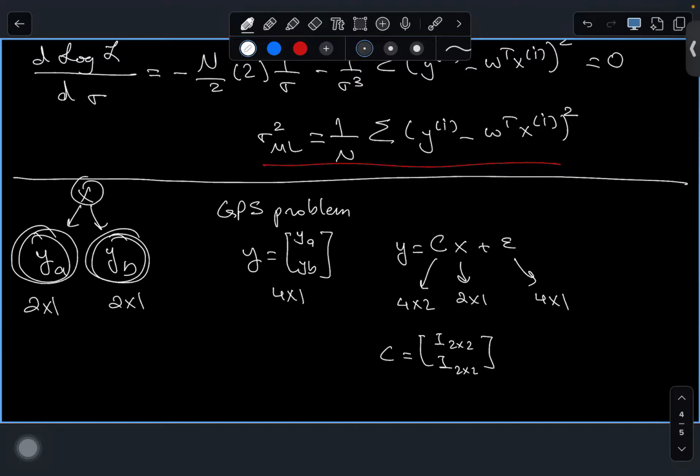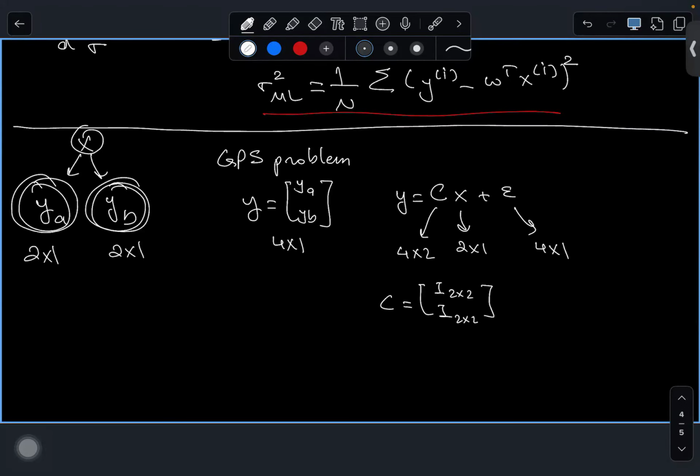On average, they're going to tell me the true location. Okay, but epsilon might be different in these two. Maybe Musk satellites, maybe they have many more of them or better coverage of where I am. So I'm going to say epsilon is normal with mean 0 and variance R. Now let's think about the size of R. R is the variance of this 4x1 vector. So what's the size of R?